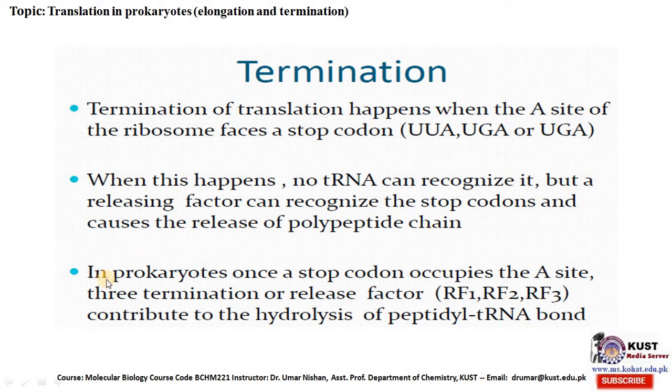In prokaryotes, once a stop codon occupies the A site, 3 termination or release factors, RF1, release factor 2, and release factor 3, contribute to the hydrolysis of the peptide transfer RNA bond.